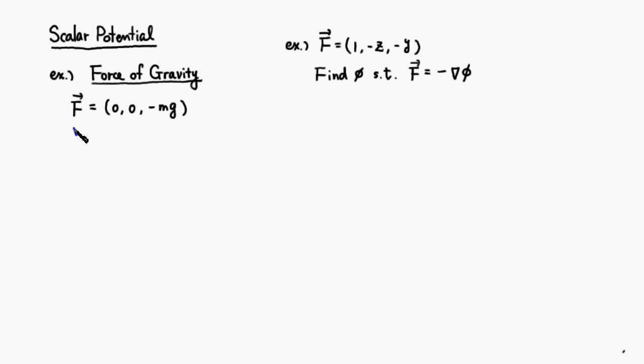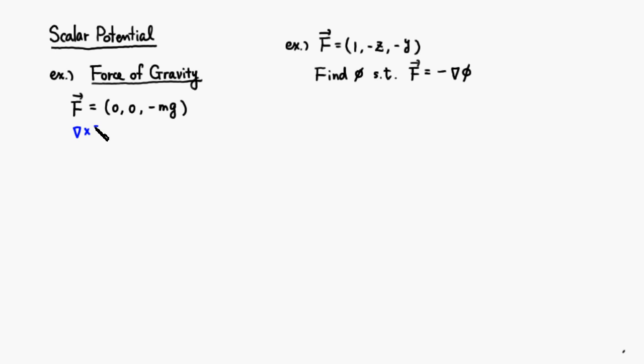If you take the curl of the force of gravity, it's pushing downward. So the x and y components are 0, and the z component would be negative mass times acceleration by gravity.